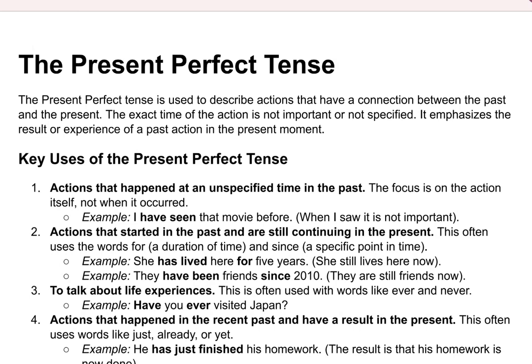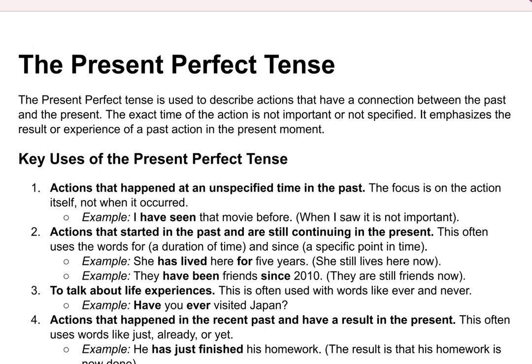I covered the present continuous tense in the last video, and in that video I explained the present continuous tense briefly. Now today in this video the topic is the present perfect tense.